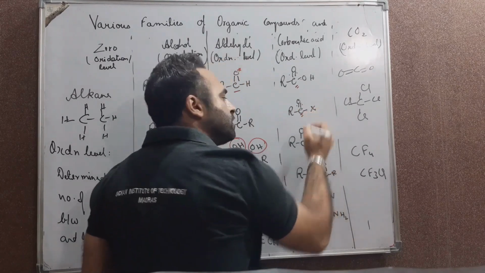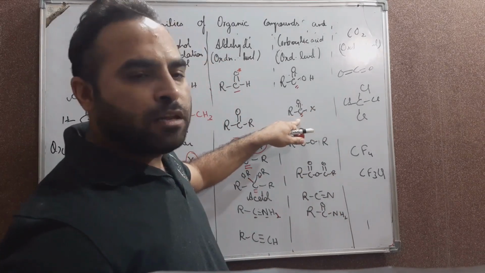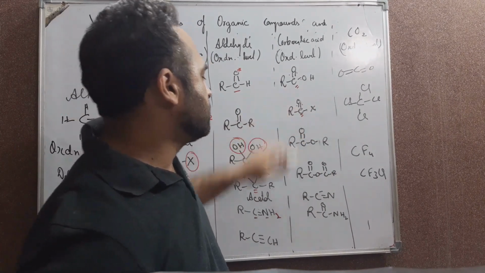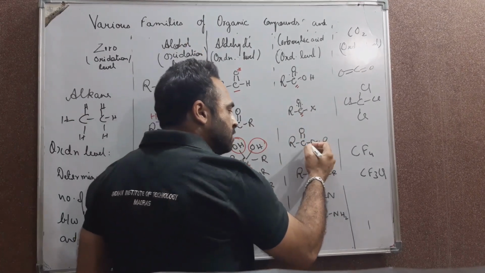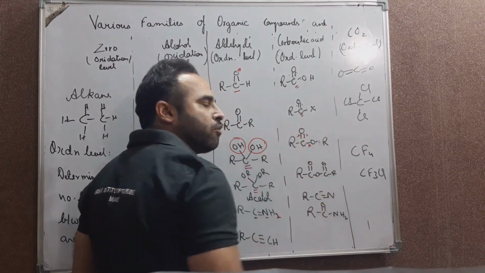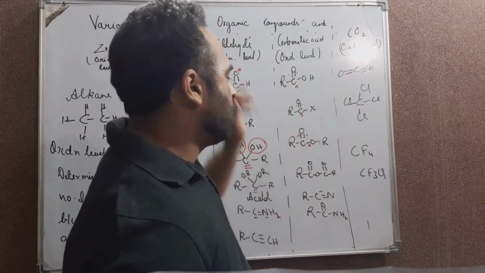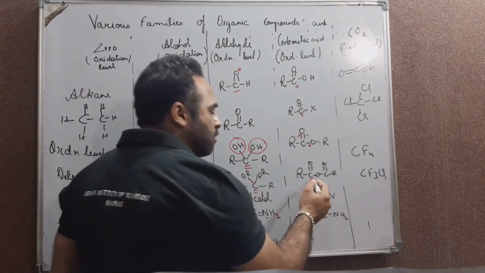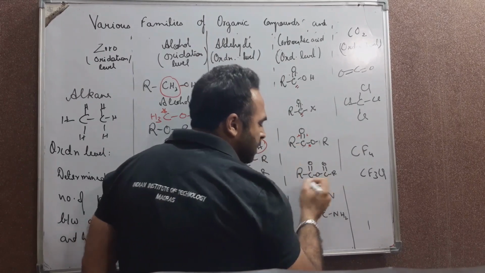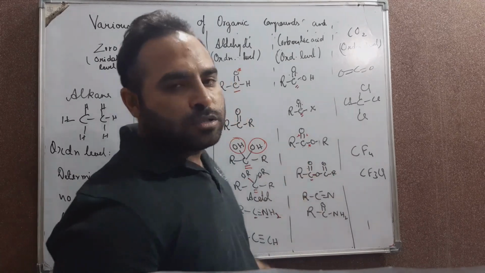So the oxidation level of acid halides is the same as that of carboxylic acids. Likewise, in esters, this carbon is having how many bonds with heteroatoms? 3. So the level of oxidation is the same as that of carboxylic acids. Likewise, in carboxylic acid anhydrides, this carbon is having 2 bonds with this oxygen and 1 bond with the other oxygen. So 3 bonds.